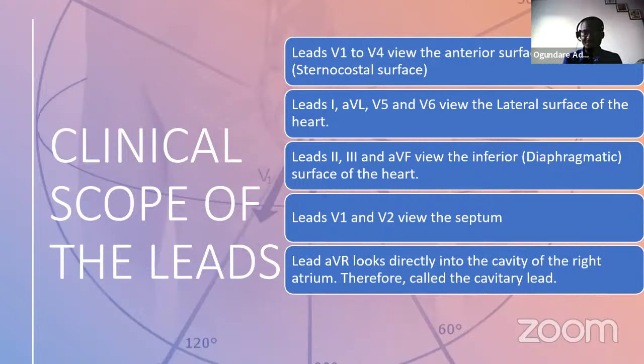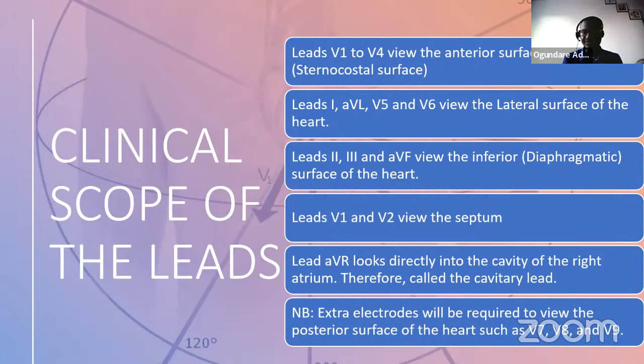So when you look at an ECG report, and you fix your eyes on the AVR and see any upward deflection, any positive deflection, then immediately you know this is not a sinus rhythm. There's an impulse coming from somewhere other than the SA node. It is AVR that looks directly into that.